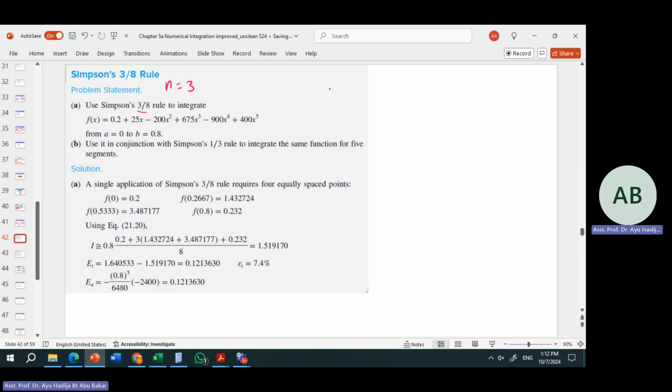Okay, so your h, this is for A. Find your h.